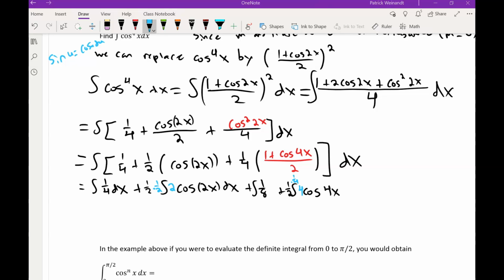Okay, we're good here. What we want to do is we have a 1/4, and I guess I forgot my dx's here. We have a 1/4 and a 1/8. We can add those together. 1/4 plus 1/8 is the same as 2/8 plus 1/8, which gives me 3/8. This is the same as the integral of 3/8, and this is where it's going to get cleaned up a little bit.